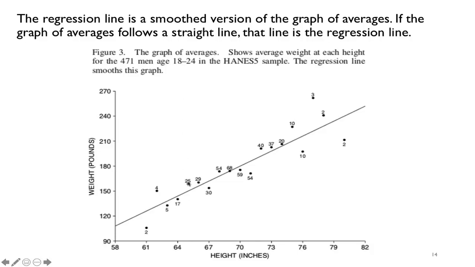It will correspond to this point, for example. If I were to do that with all of these heights, then the regression line is essentially the line that follows these averages. It's just the smooth version of all these points of averages.